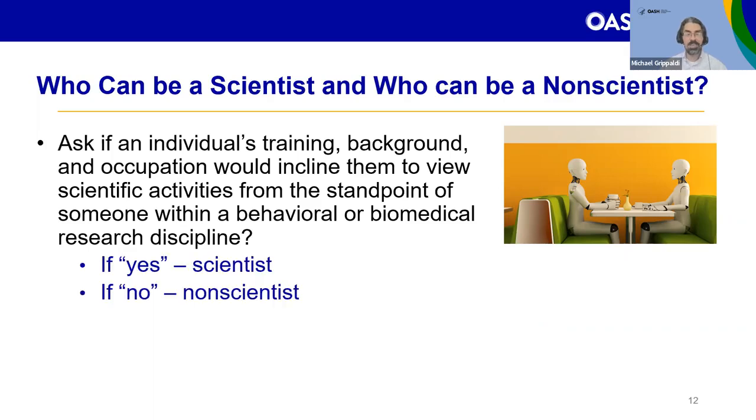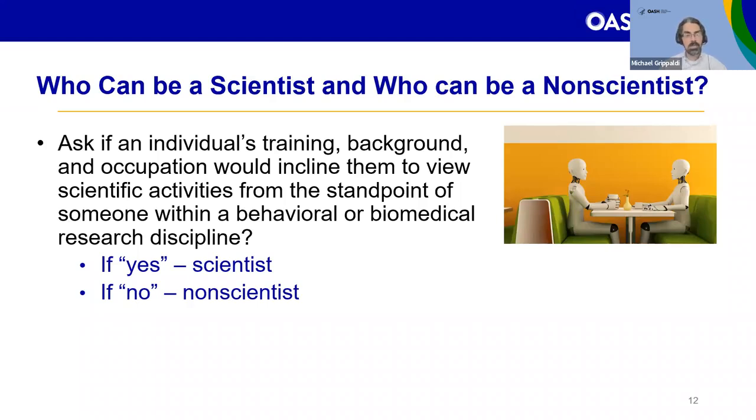So with that question, if you answer yes, then that person can be a scientist for the purpose of fulfilling that role. If you answer no to that question, then the person could meet the regulatory requirements for being a non-scientist. So this is somewhat of a subjective standard, but there are objective elements that can be used.